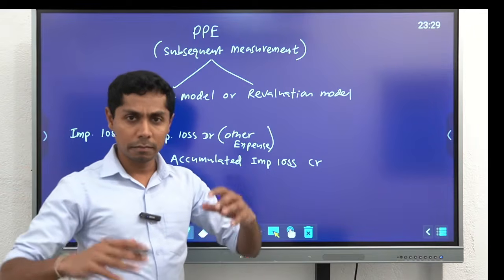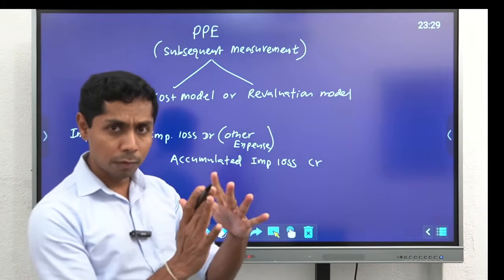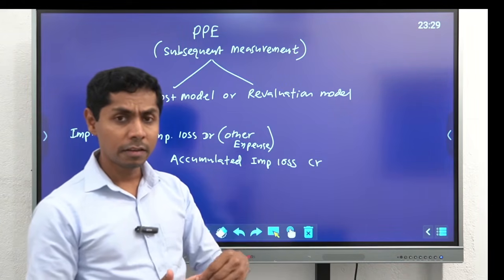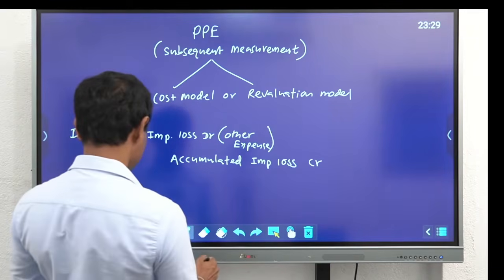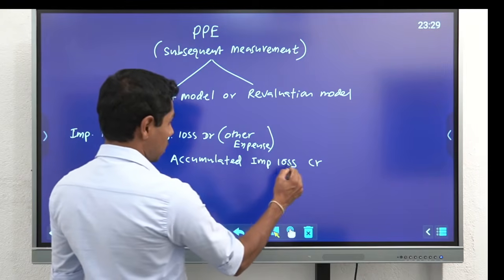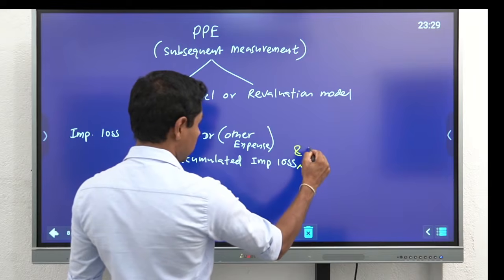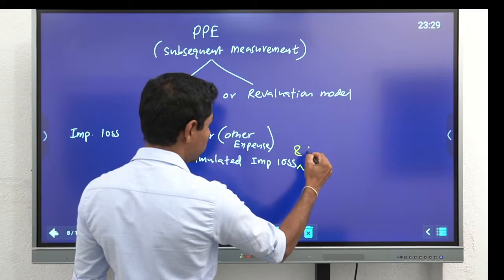But sometimes we combine these two accounts and maintain a single account. In that case, the name of the account is accumulated impairment loss and accumulated depreciation.